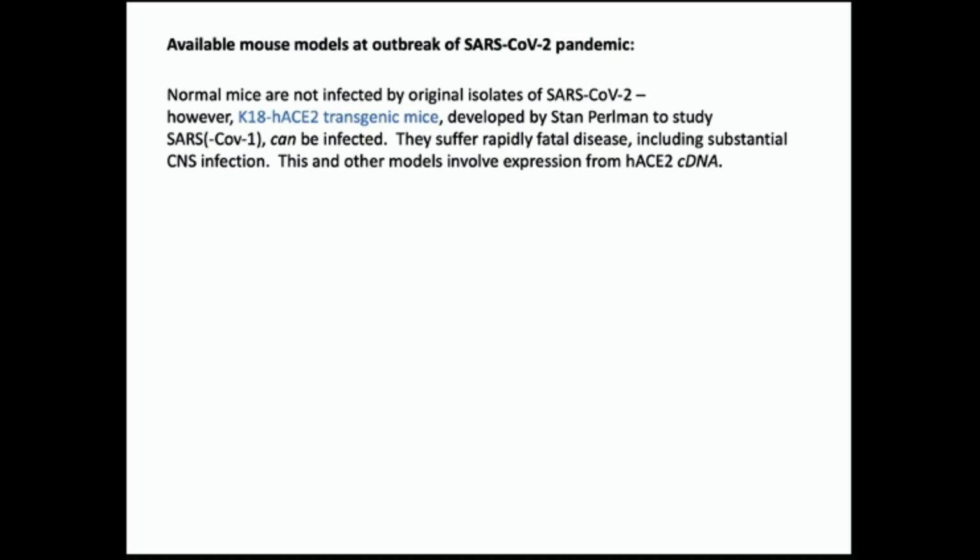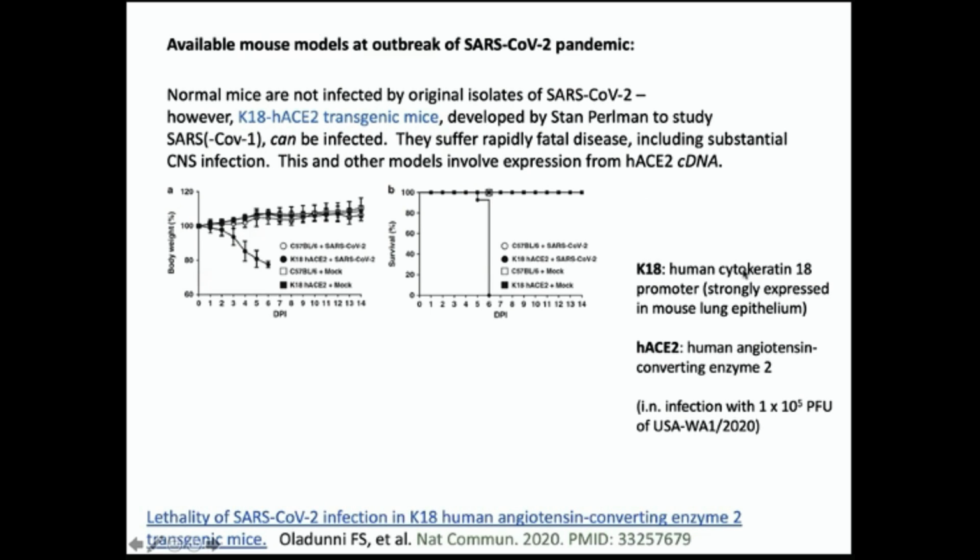There were mice available, developed by Stan Perlman at the University of Iowa, that carried the human ACE2 expressed under the promoter of K18, the human keratin 18 promoter, giving strong expression in mouse lung epithelium, but also other tissues.